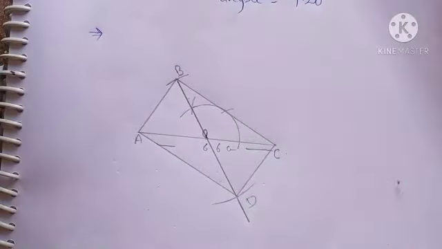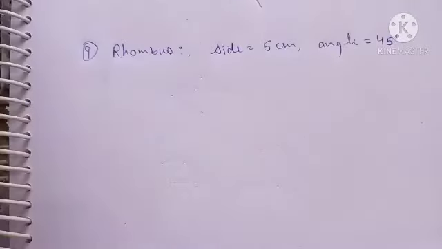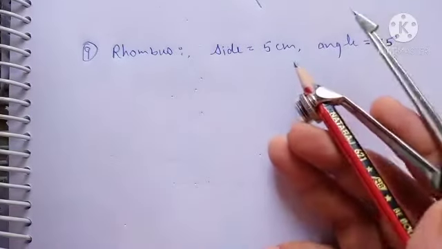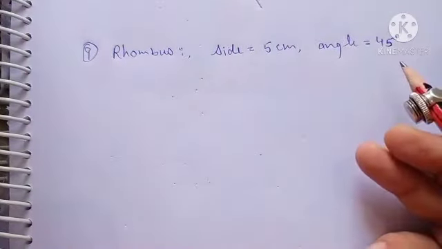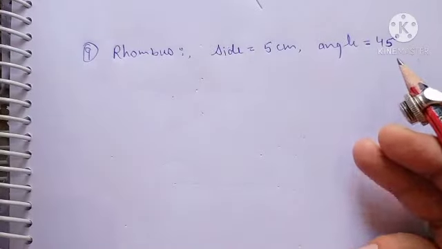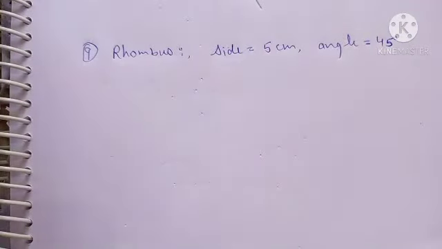Now move to question number 9. Now question number 9 is, we have to construct a rhombus whose one side is 5 centimeter and one angle is given, that is 45 degree. We know all the sides of rhombus are equal.